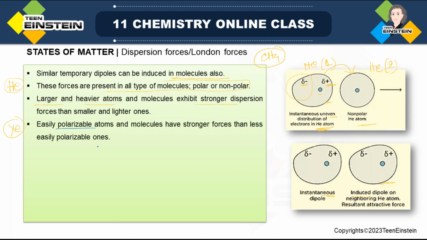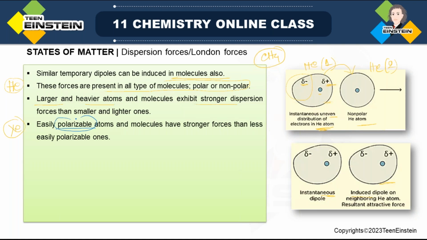When atoms are easily polarizable, the redistribution of electric charge happens very easily. The electron cloud is not tight, it is loose. So polarizable atoms and molecules will have stronger forces than less easily polarizable ones.